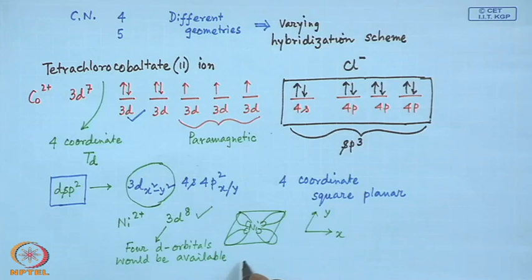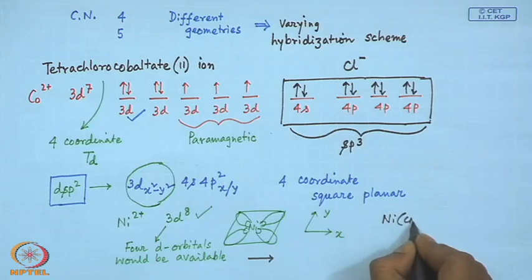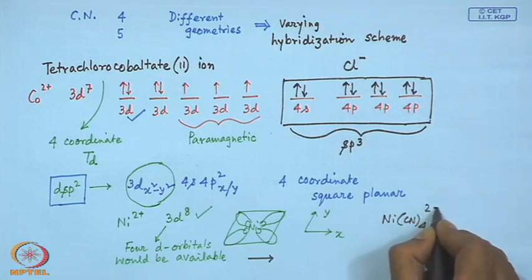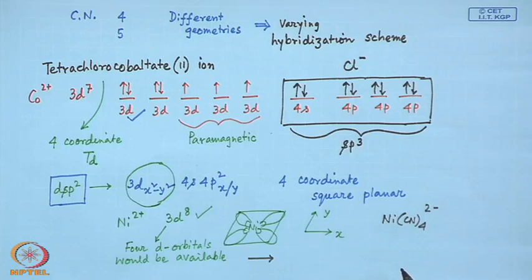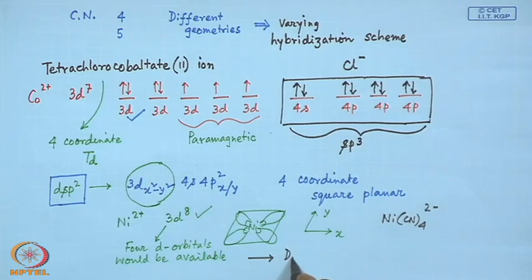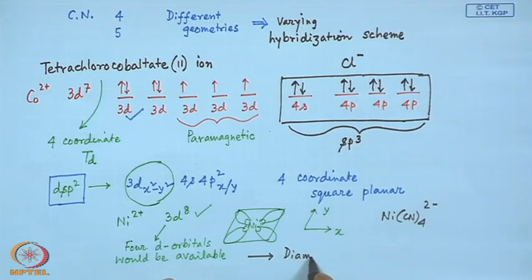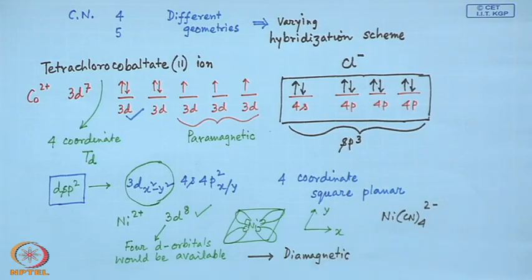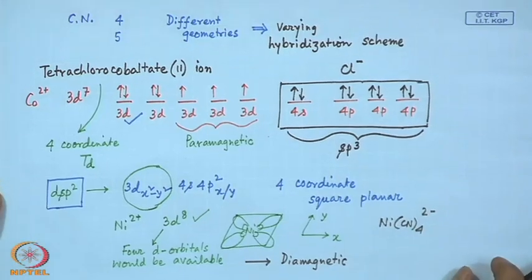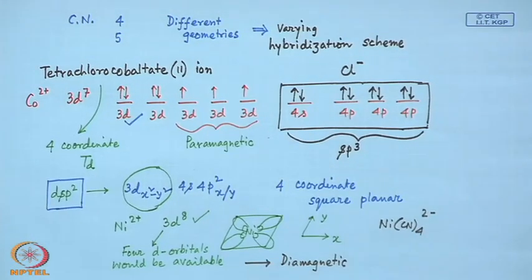So that immediately tells us that the compound which is Ni(CN)4 2 minus, which is a tetracyanonickelate species, very easily formed by the addition of cyanide ion to any nickel solution, and it will therefore be diamagnetic. So this hybridization scheme also very nicely explains the corresponding magnetic property for the compound tetracyanonickelate.